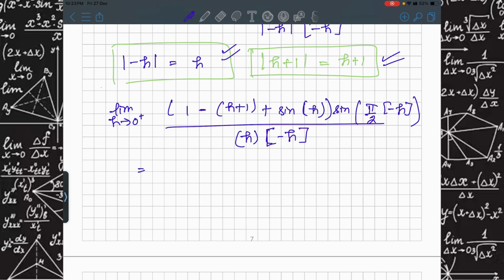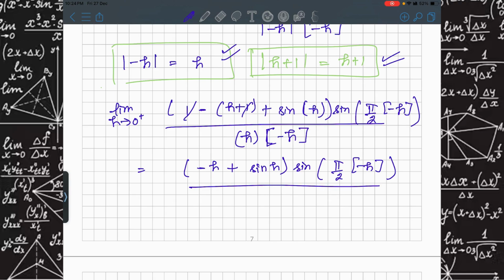So here you will get this as minus h, right? If you solve this, this and this will get cancelled, so you'll get minus h. Let me write it properly. Minus h plus sine h into sine of pi by 2 of minus h, divided by h of minus h, that too greatest integer.